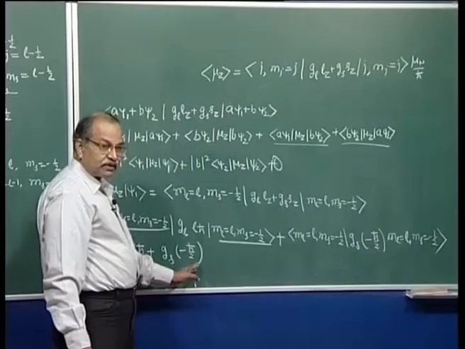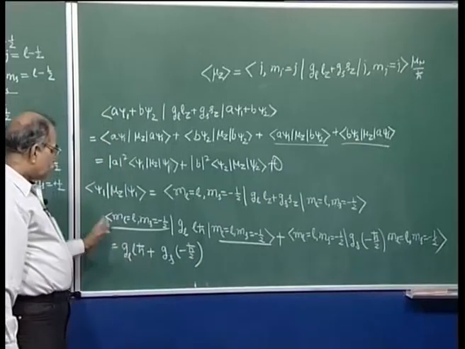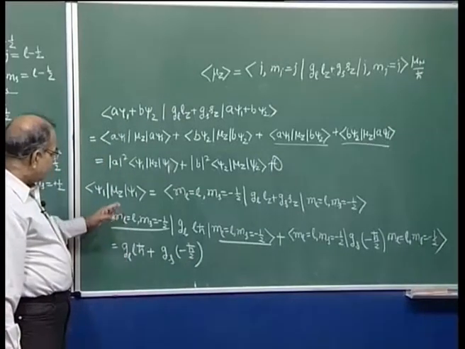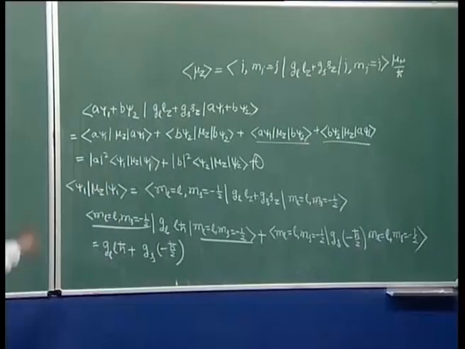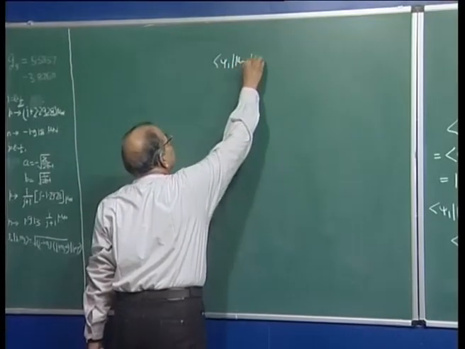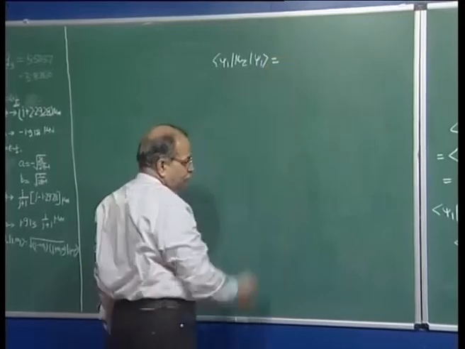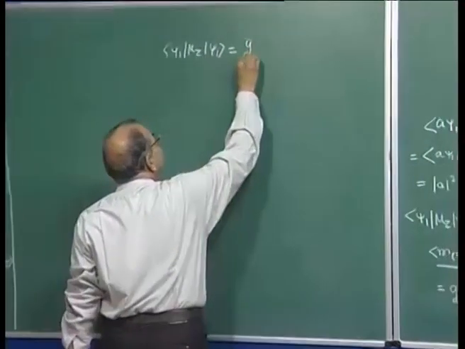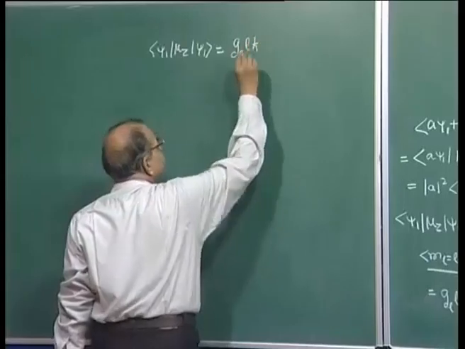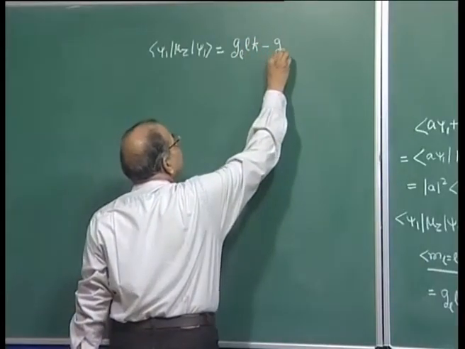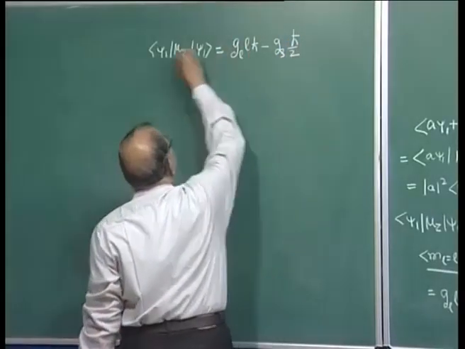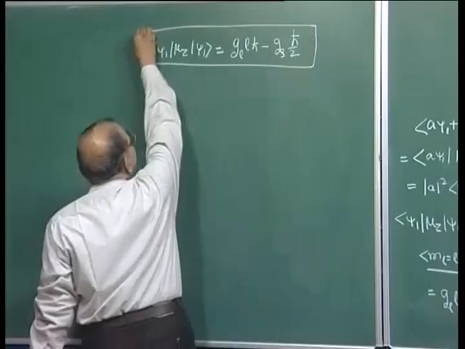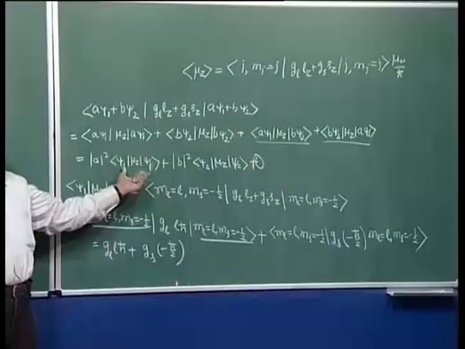So, this quantity we have evaluated: psi 1 mu z psi 1 is equal to GL L h cross minus GS h cross by 2. Just keep it here.